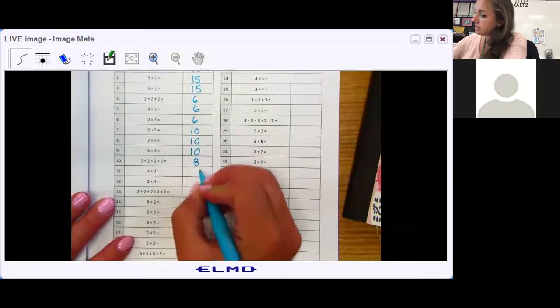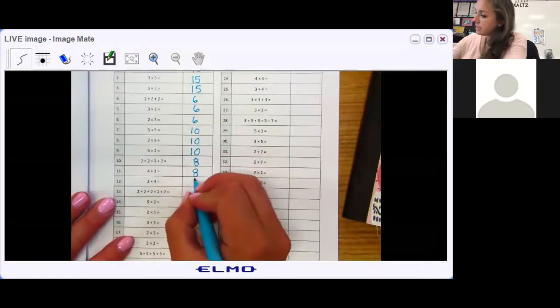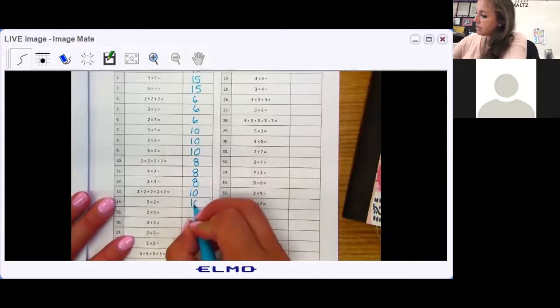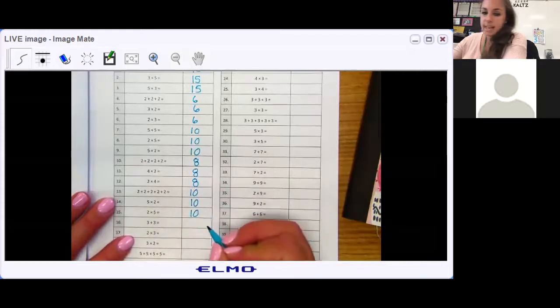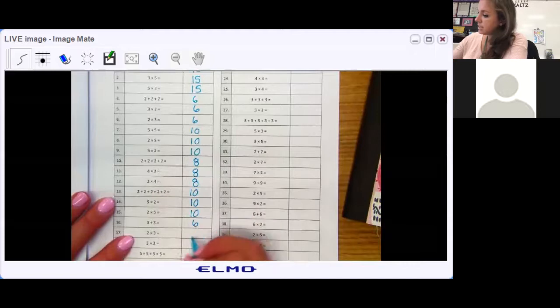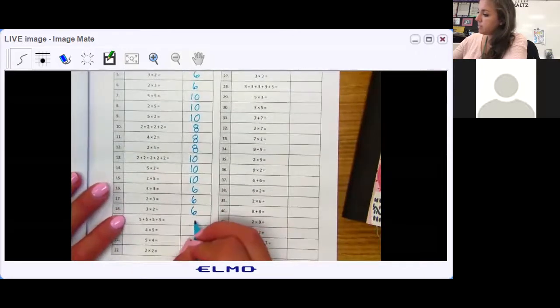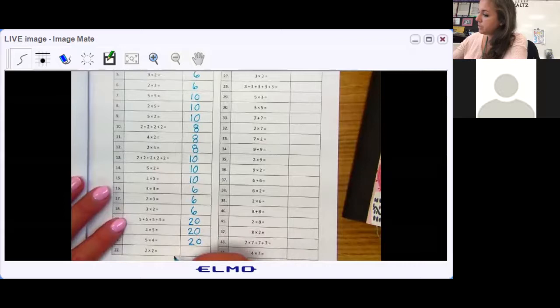8, 8, 8, 10, 10, 10, 6, 6, 6, 20, 20, 20, 4.